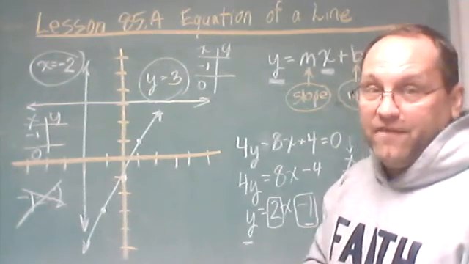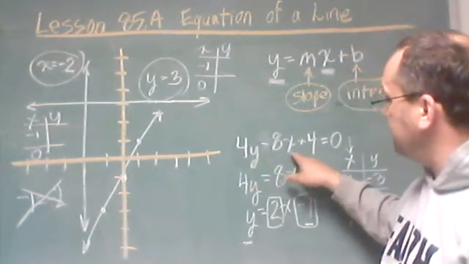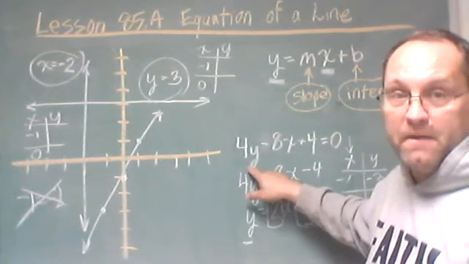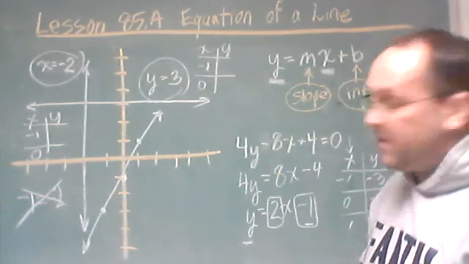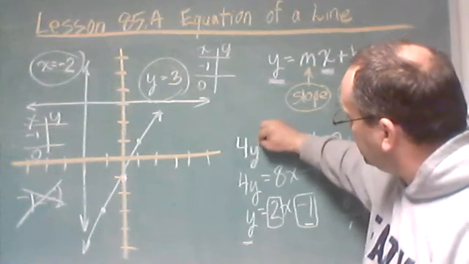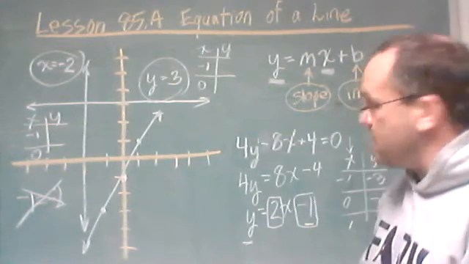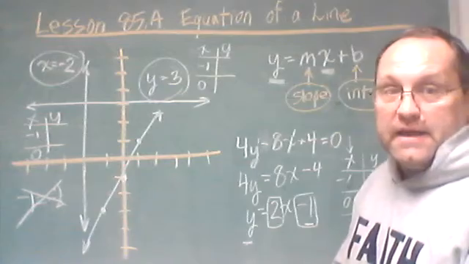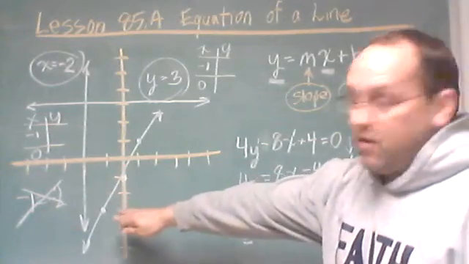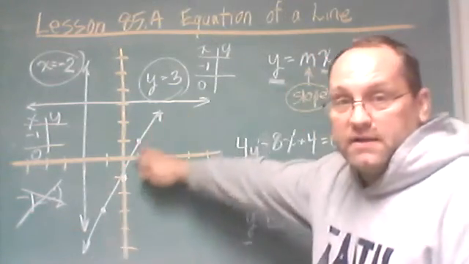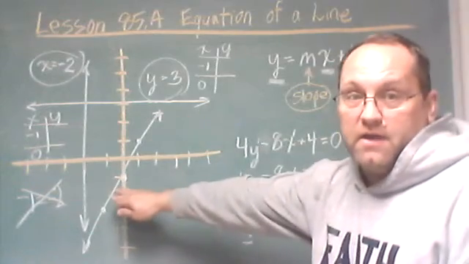If the equation of a line has both variables in it, y and x to the first power, as we did before, it's a sloped, slanted, diagonal line.